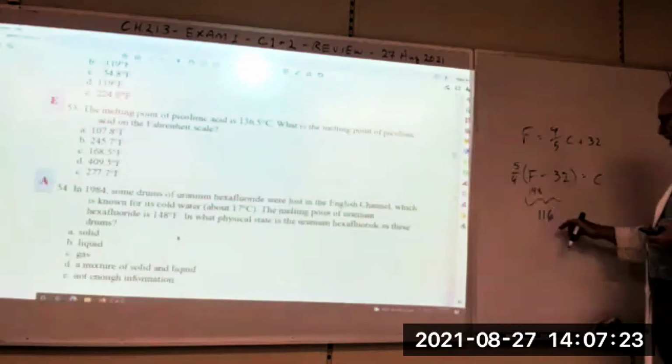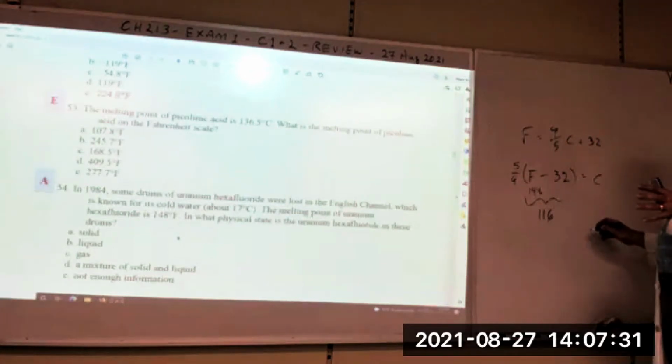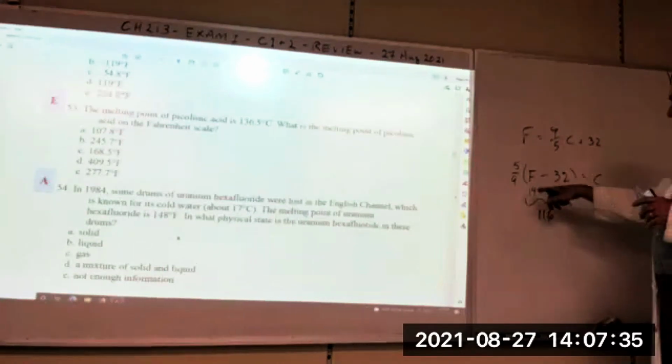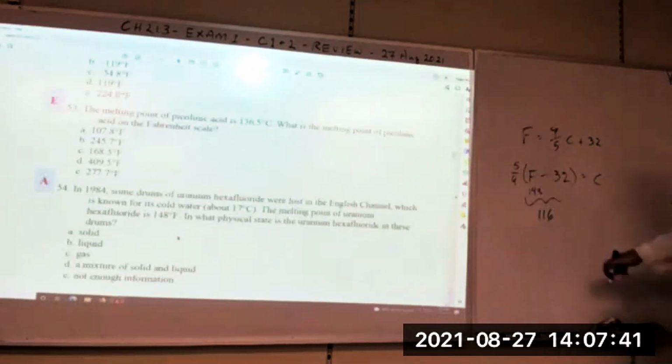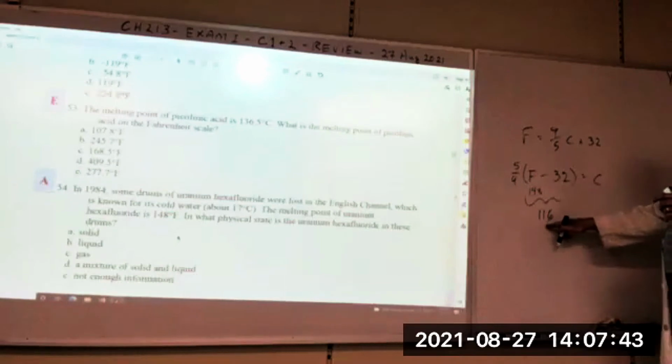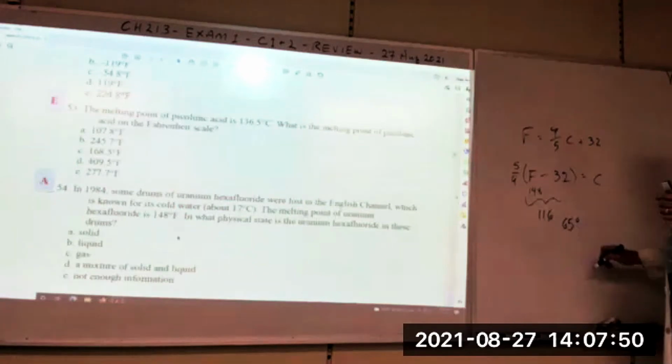And this is about half of that. Actually it's less than half. So it's greater than half, right? Because this is not quite half. This is divided by a smaller number, which means it's larger than half. So it'd be in the neighborhood of 65 degrees Celsius, right?